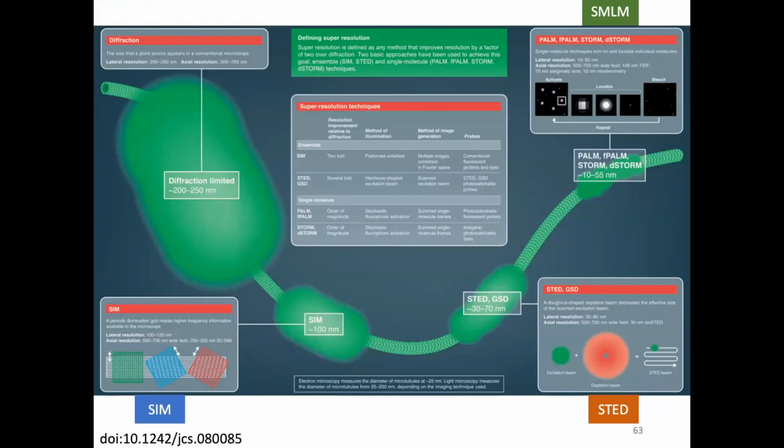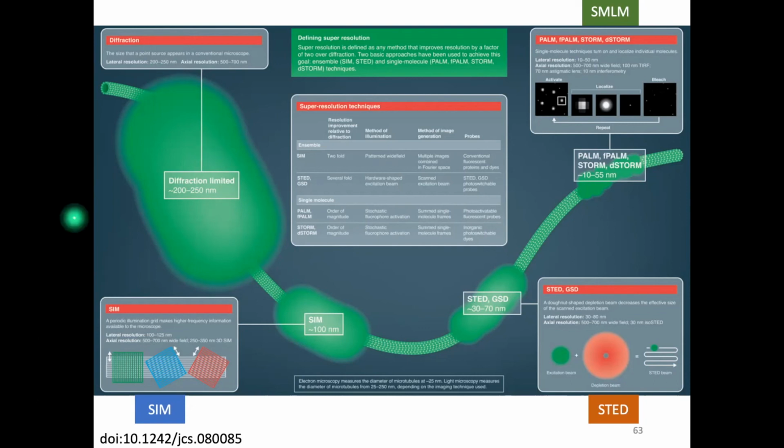Okay, so this poster is a little bit small on your screen here, but on the slides, which I will put on Moodle, you will be able to see it better. So if we go through the different steps, we have normal fluorescence imaging, which is limited by the diffraction limit. So about 200 nanometers is the smallest you can see.